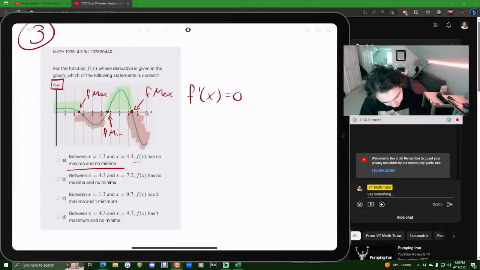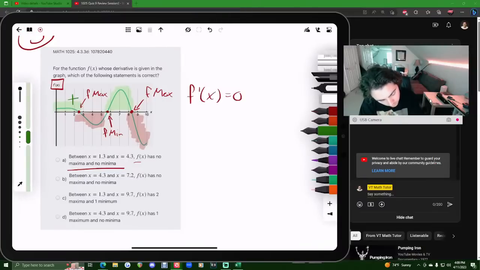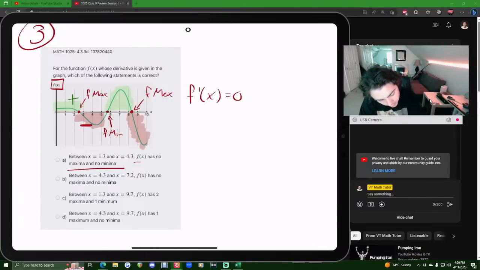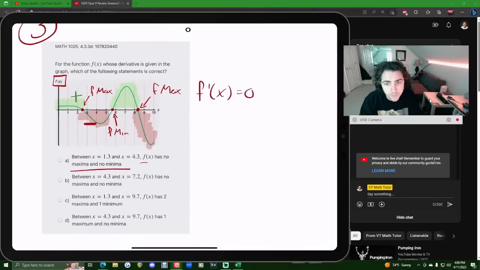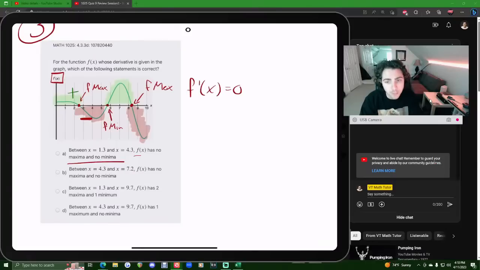Wherever f prime, this function is f prime, wherever f prime changes from positive to negative, in other words, around like 2.5 right there, that's where f has a maximum.